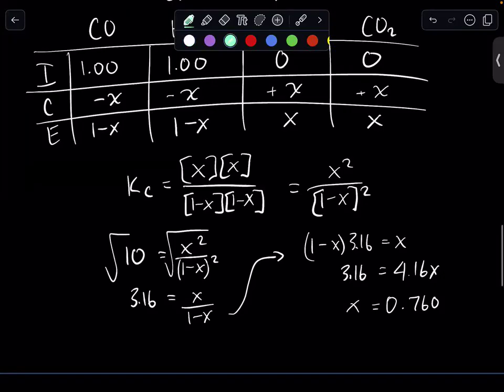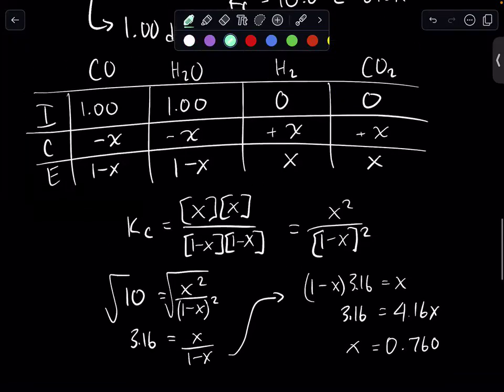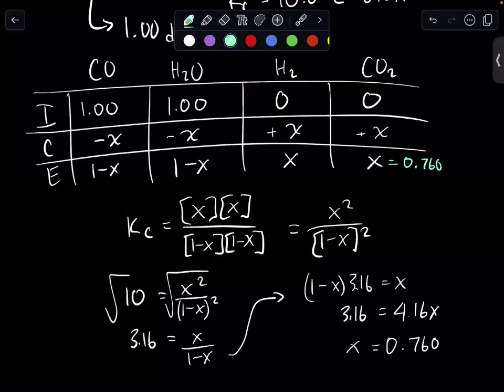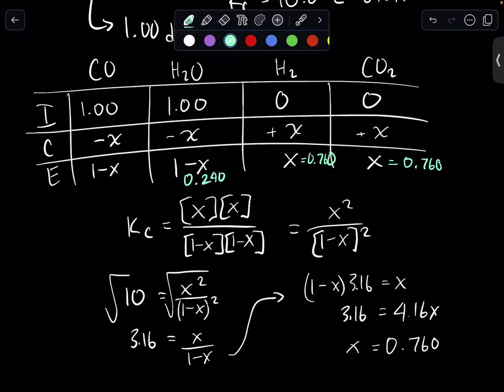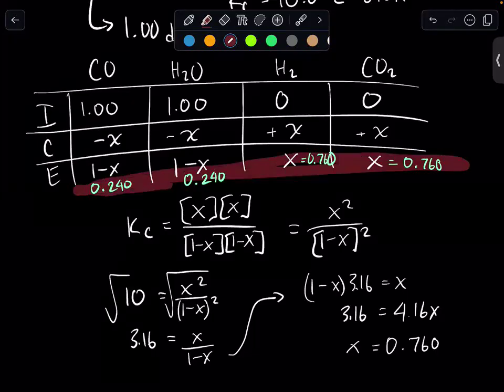Our actual equilibrium concentrations for our products are 0.760, 0.760, and 1 minus x, 1 minus 0.760 is 0.240 and 0.240. So just like that, we've used a bit of algebra to solve for our equilibrium concentrations.